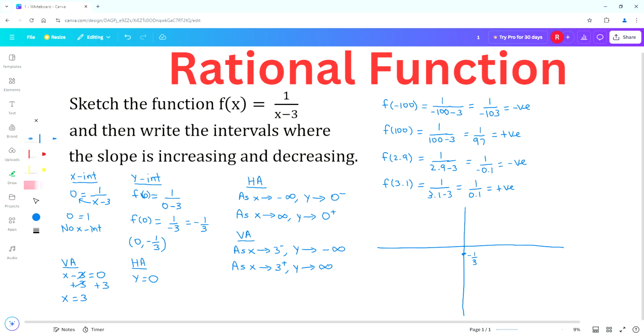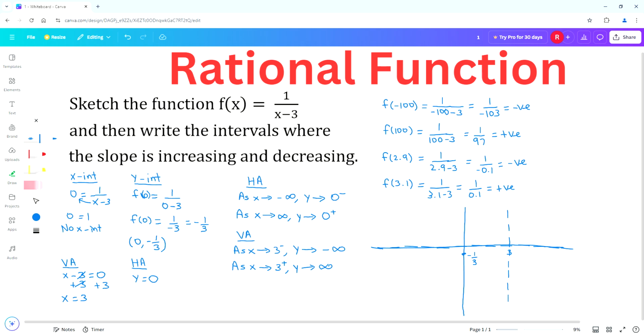The vertical asymptote is at 3. The horizontal asymptote is at y equals 0 or the x-axis. Next we can show the end behaviors.